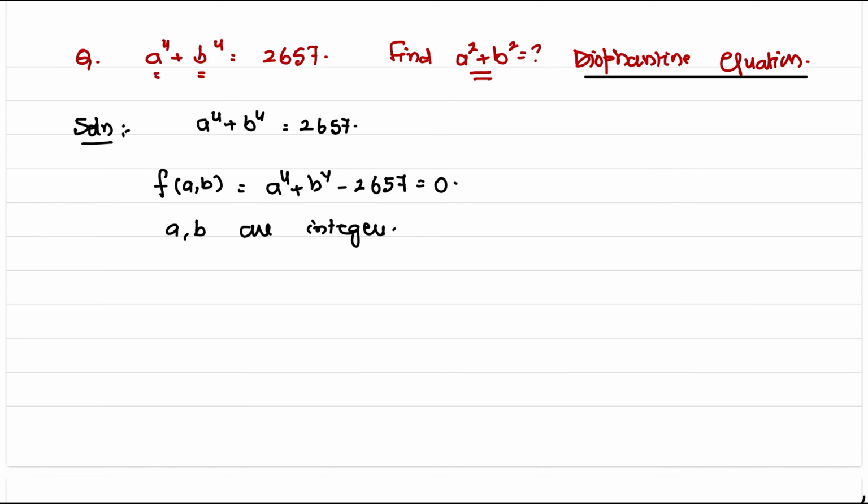Now, how to represent this in a set builder form? Let S be a set of the pairs (a, b) such that, please try to understand me, a to the power of 4 plus b to the power of 4 is equal to 2657.